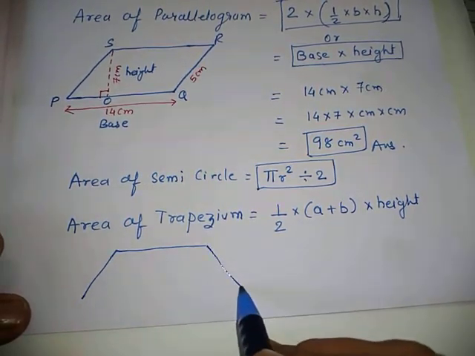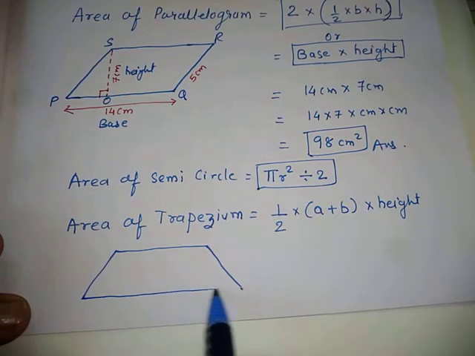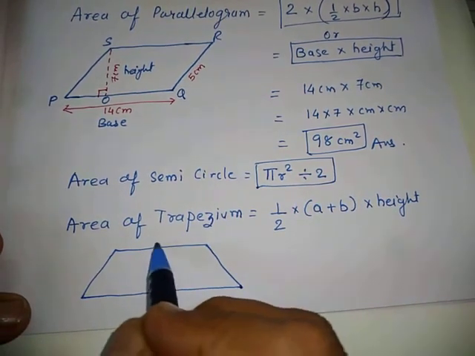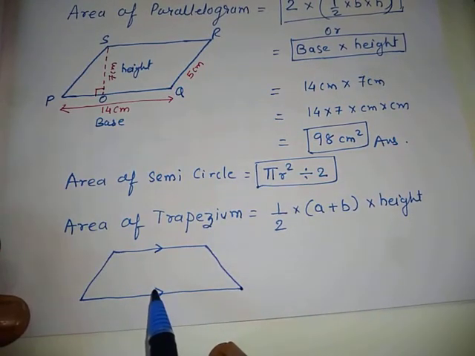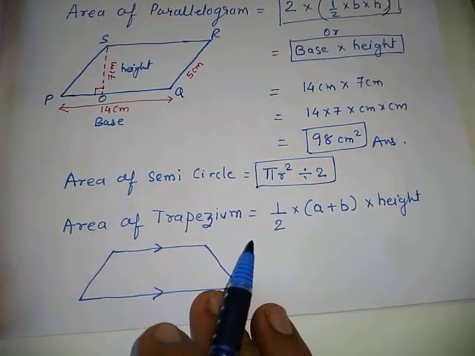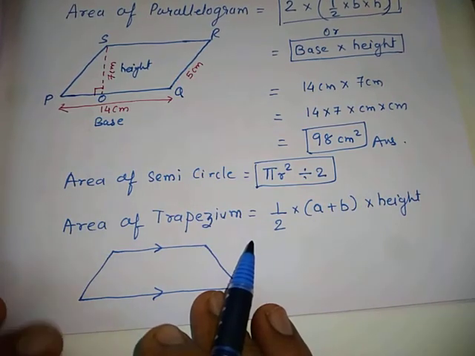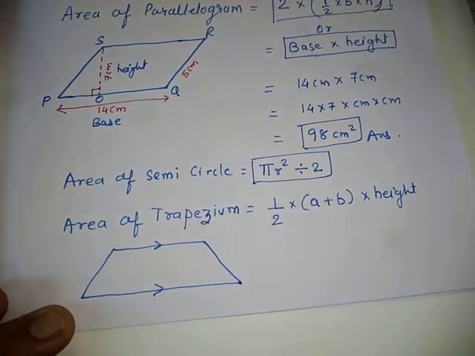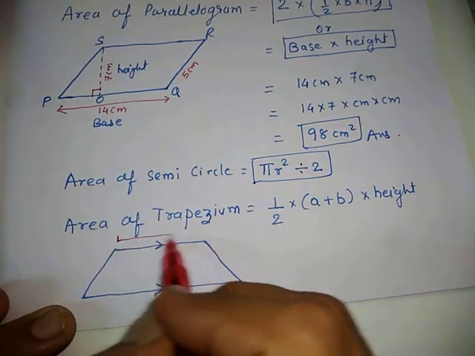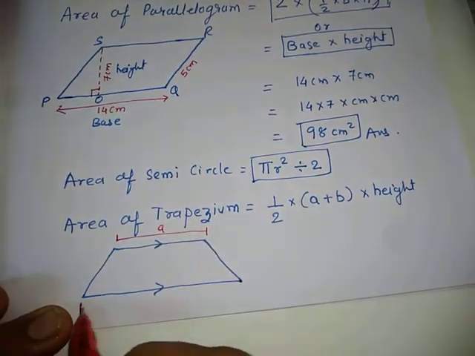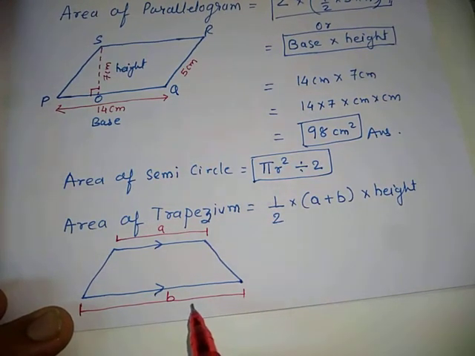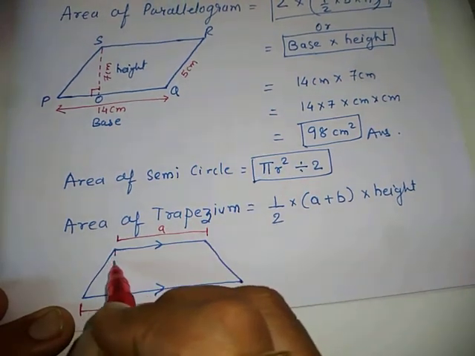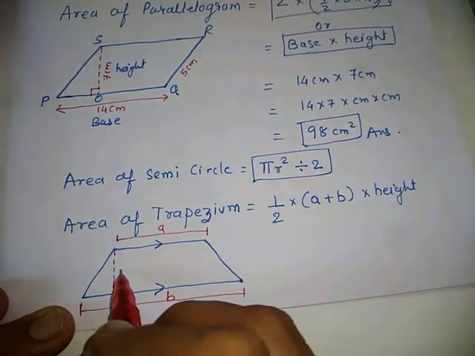You know that in a trapezium only one pair of opposite lines is parallel, not both pairs. So here in the given trapezium, this side will be A and this side B. Now height is this much, so we will get the height of it, this one.